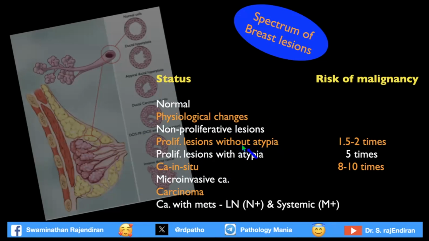And there are risks of malignancy depending upon whether it is proliferative and whether it is atypical. For example, when there is a proliferative lesion with atypia up to carcinoma in situ, there is an 8 to 10 times risk of malignancy in that particular patient. But as you know, prevention is better than cure. So we have to identify the disease before it goes into cancer.